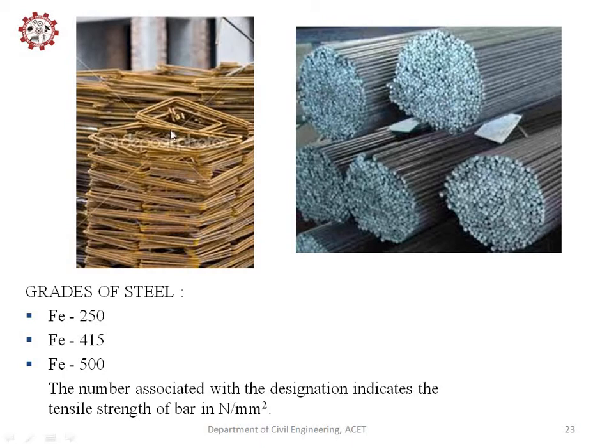Nowadays we are using HYSD bars Fe 500 and 415. These bars start from 8 mm and go up to 25 to 30 mm. And for construction nowadays we are using Fe 500.